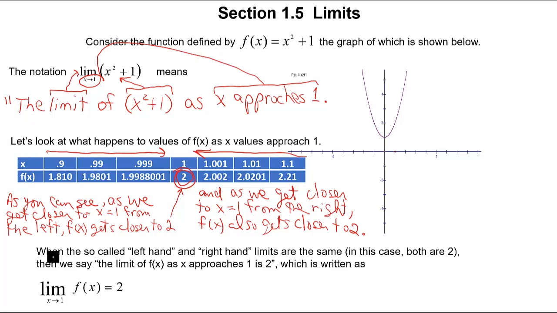Whenever those left and right-hand limits agree with each other, we say that the limit itself exists. You could call it a two-sided limit if you wanted to, but typically you just call it the limit. The limit itself is equal to 2, as long as you get the same answer coming in from the left side and the right side.